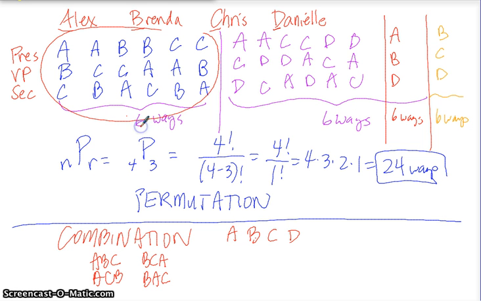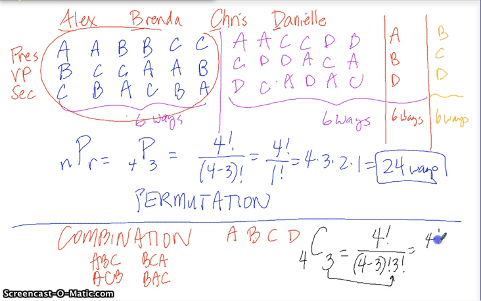So this would be 1 way for these 3 letters, 1 way for these 3 letters, 1 way for these 3 letters, A, B, D, and 1 way for the 3 letters of B, C, D. And then if you do it formulaically, remember it's 4 choose 3. What we just saw would become 4 factorial divided by 4 minus 3 factorial, but then we have to give the extra r factorial here.